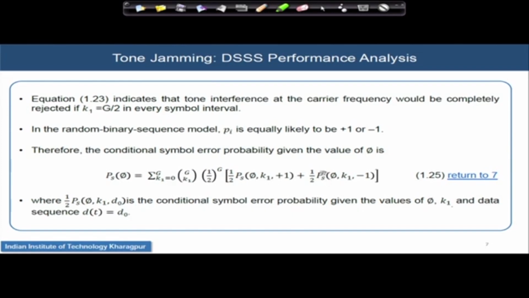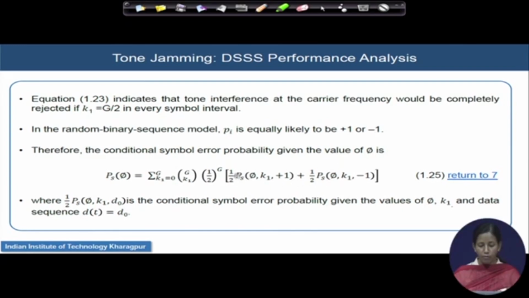For this we consider that both the sequences are equally probable. So half of the time the contribution will be from the transmission of signal +1 and half of the time from signal -1.